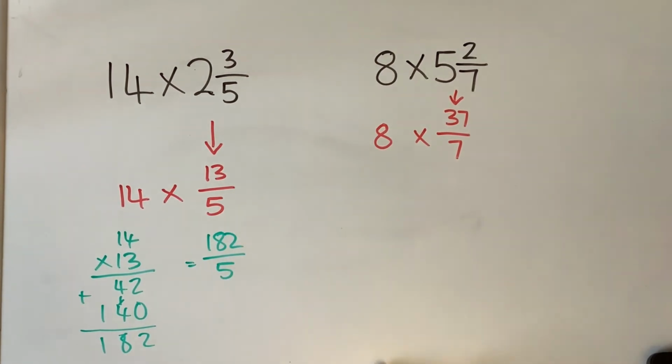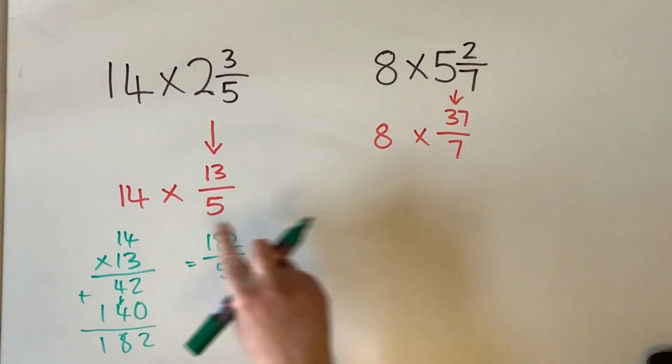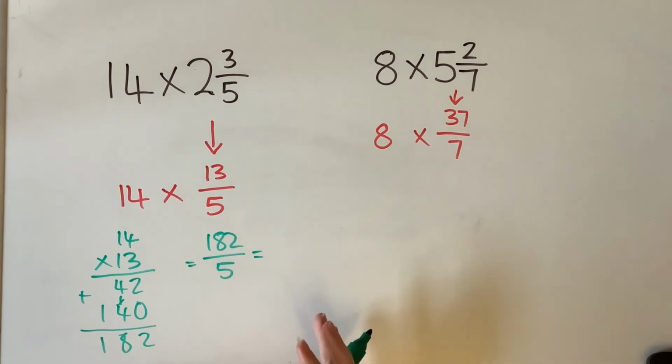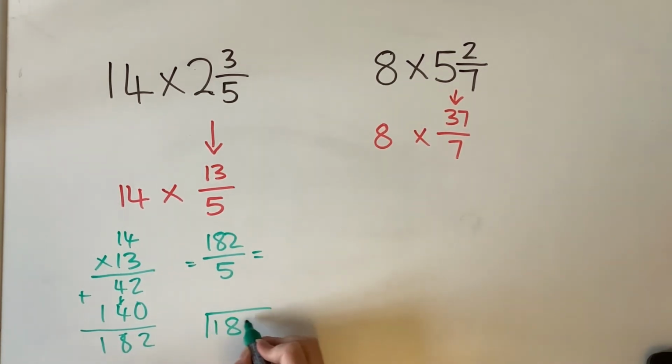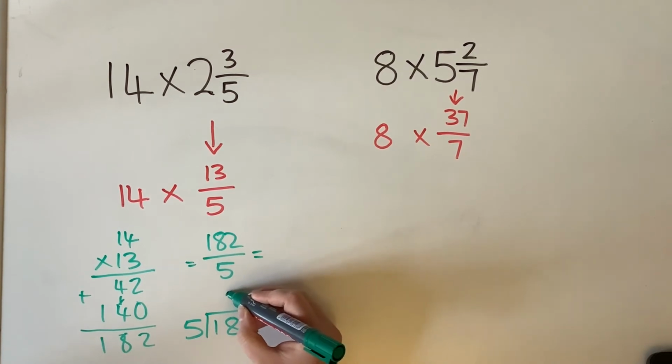Obviously, I can't leave it like that. So now what I need to do is convert it into a mixed number fraction. So the way that I need to do that is to now do 182 divided by 5 to find out how many times it goes in as a whole. So I'm going to use a division method here. How many 5's go into 18? It is 3.